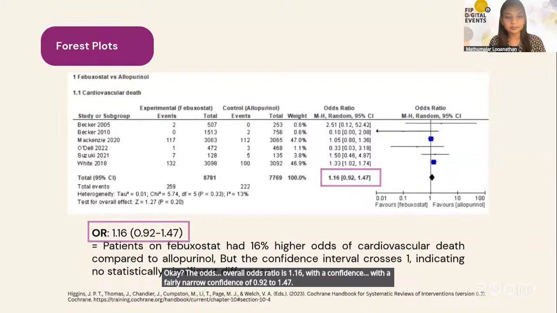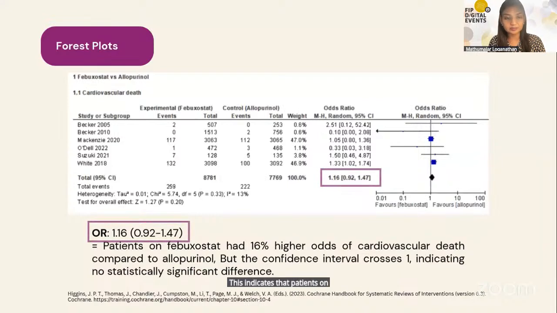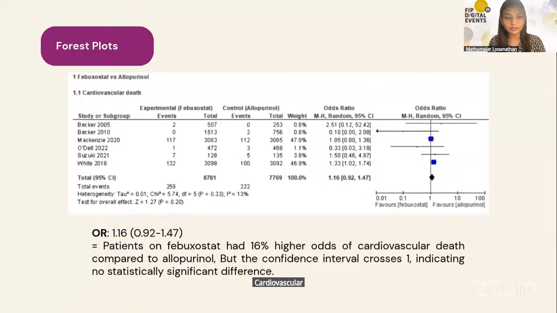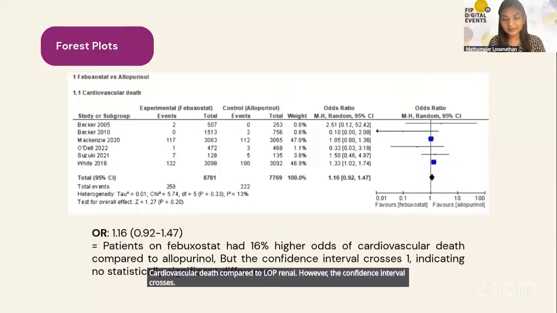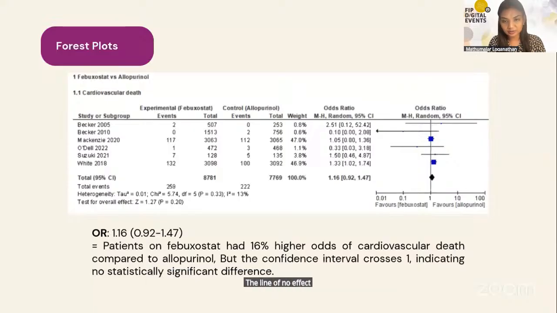This indicates that patients on febuxostat had 16% higher odds of cardiovascular death compared to allopurinol. However, the confidence interval crosses the line of no effect, which is denoted by number 1. This indicates that the result is statistically not significant.